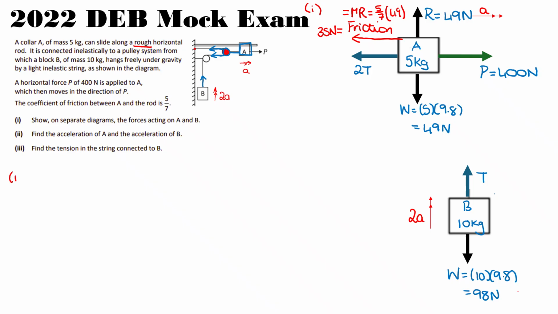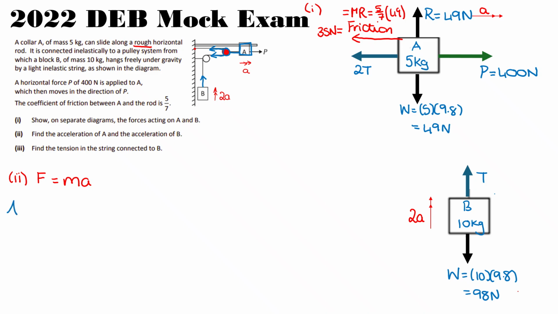And then for part 2, we're finding the acceleration of A and B. So our A, and then we'll have to double it to get our B, and the tension in the string. So regardless of really what the question is asking, we go to our force equation. So our F equals ma.